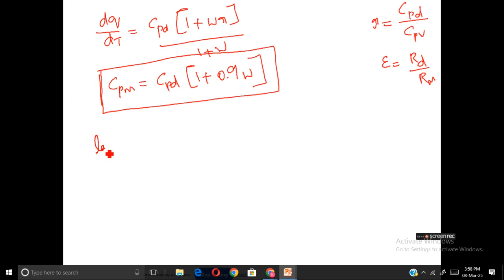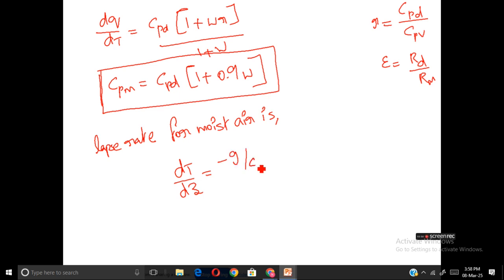So we can write the lapse rate dT by dz as minus G by Cpm, which is the specific heat for moisture. So we just got the value of specific heat of moisture.